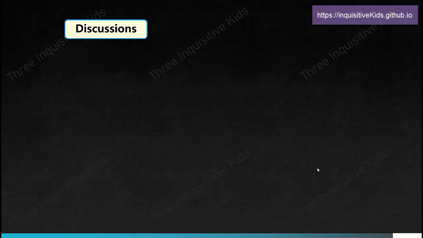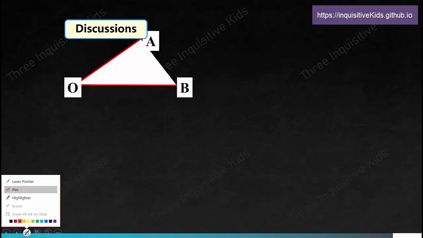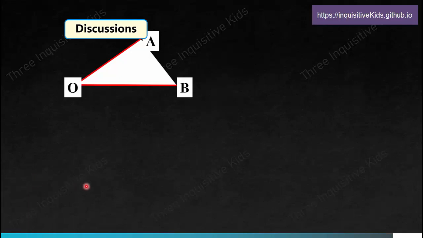Now another discussion. So over here, I have the angle AOB. So the representation of this would be angle AOB or BOA. But remember, O, the vertex of the angle, will always have to be the middle letter.